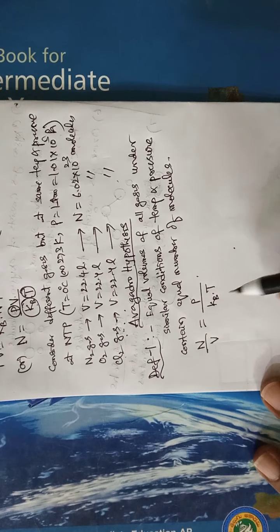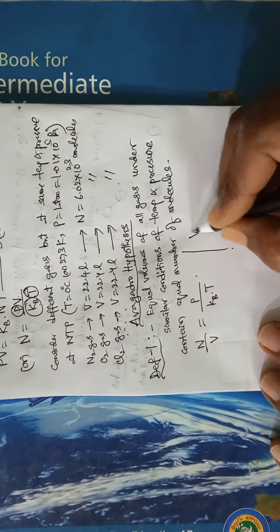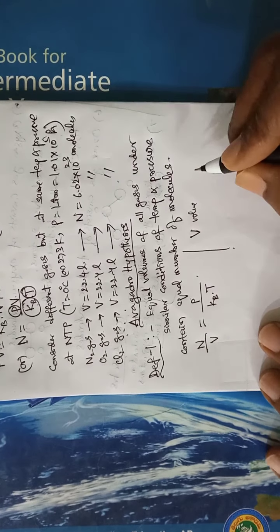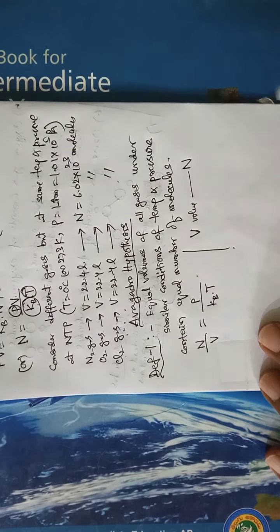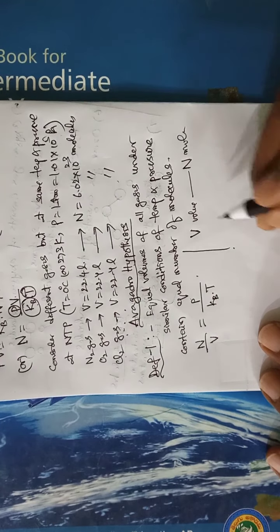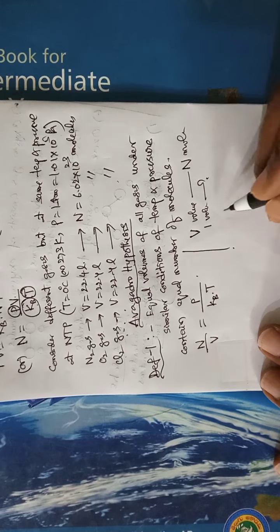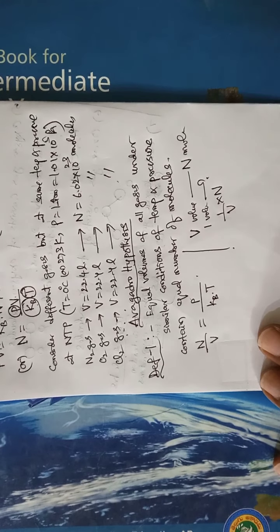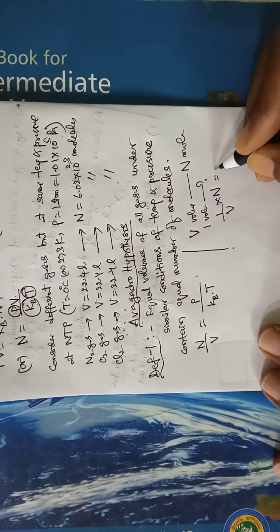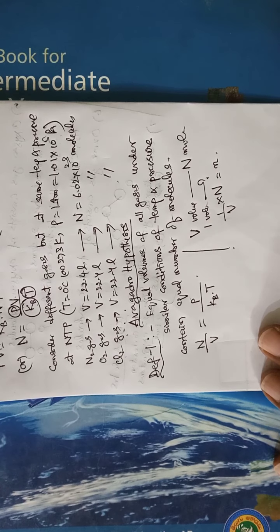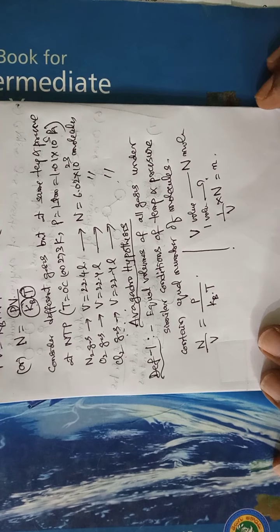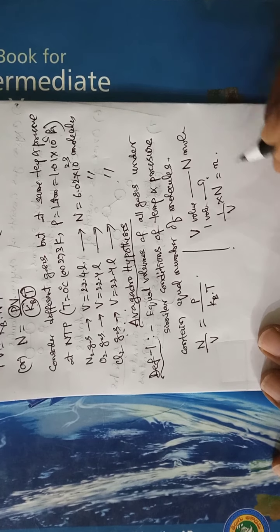Now N by V, what is its meaning? Volume V has N number of molecules. Unit volume has how many number of molecules? 1 by V into N. So the number of molecules in unit volume is represented by small n, and the number of molecules in unit volume is called number density.